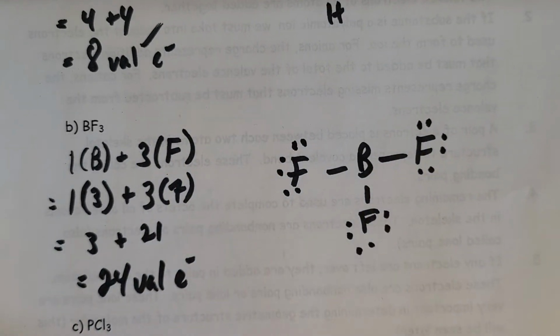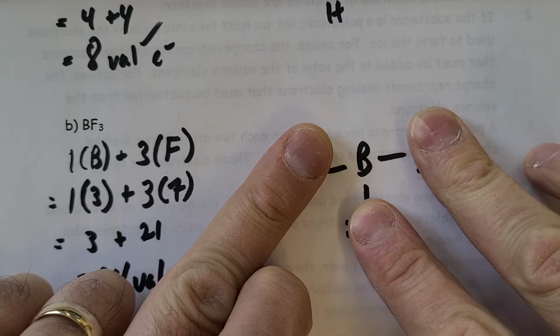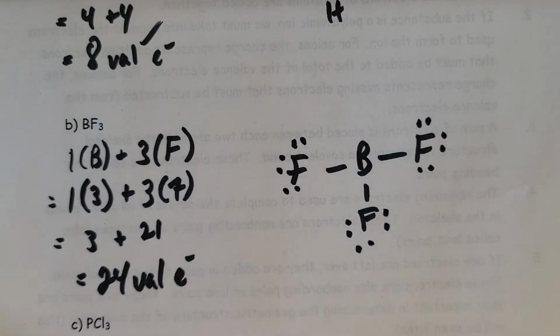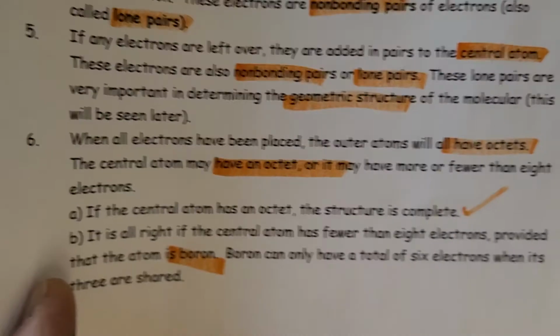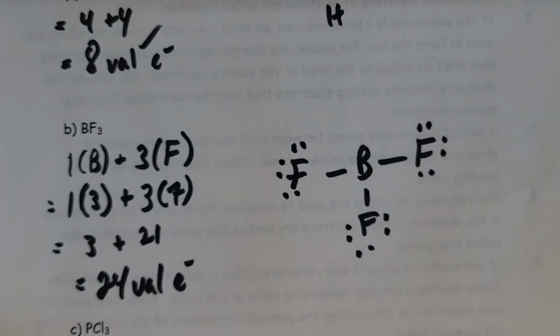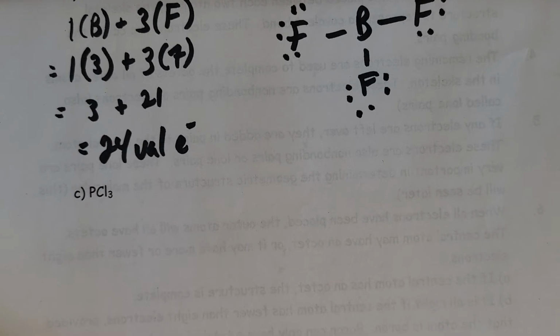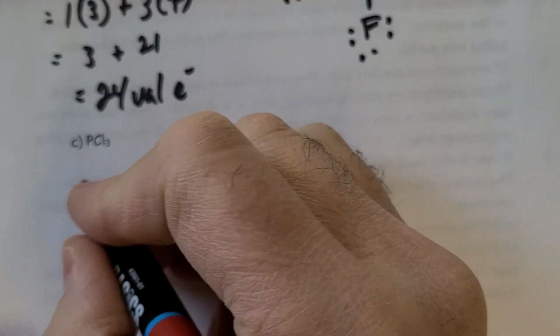I have 24 electrons. Now notice boron will only have 2, 4, 6, but that's okay because boron is an exception to the rule, as I mentioned earlier. That central atom of boron will have less because it only has 3 to share, so share 3 to get 3.